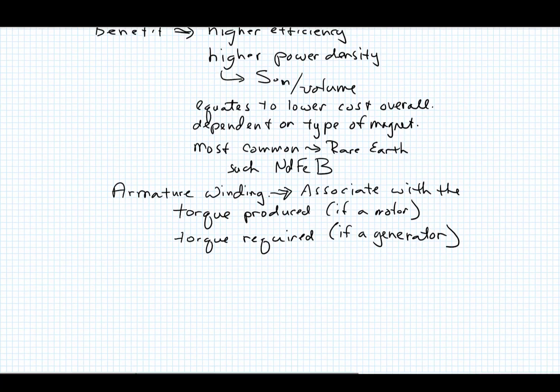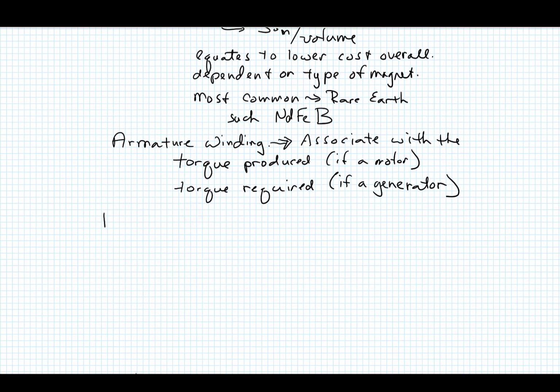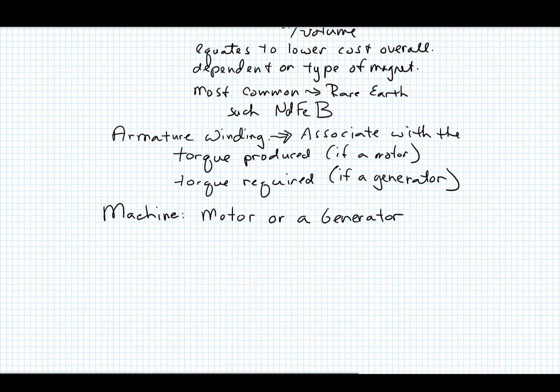Now let me just in general define what I mean by machine. I got a little bit ahead of myself on this. A machine means a motor or a generator. So it's a general term for that.